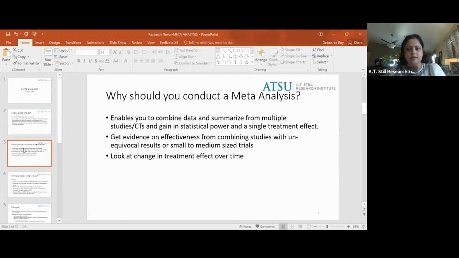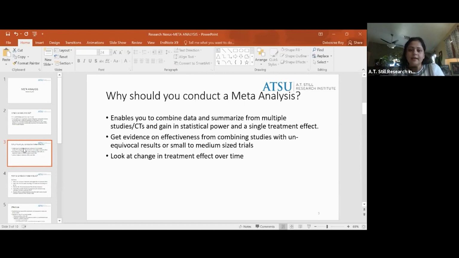So why should we conduct a meta-analysis? It enables us to combine and summarize data from multiple studies or clinical trials. Today's example is not a clinical trial, because not a lot of our faculty use clinical trials or do literature reviews on clinical trials. But anyway, we can combine multiple studies, and we gain statistical power by increasing the sample size, and we also get a single treatment effect from an intervention.